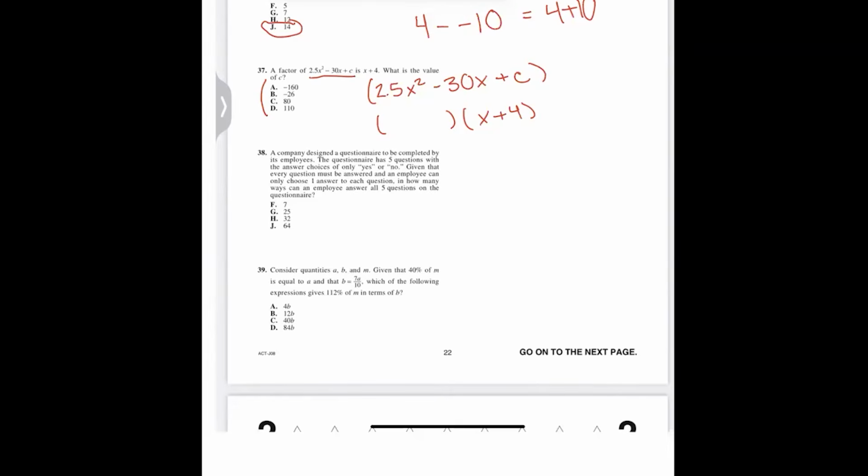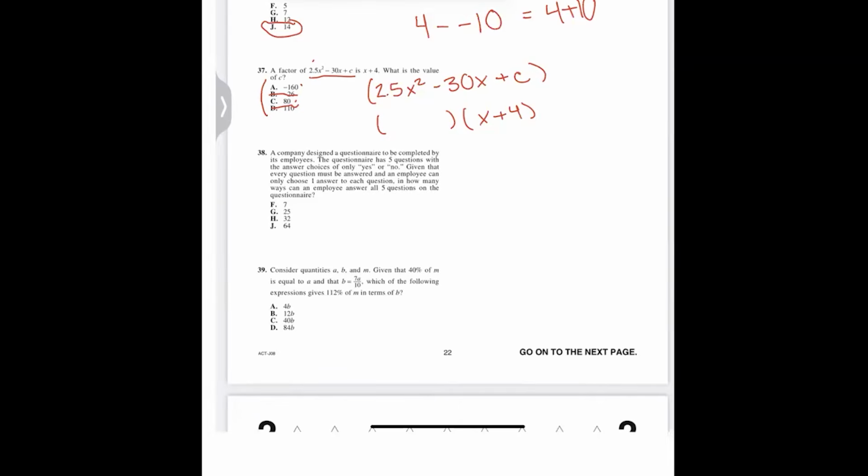On 37, if I was stuck, this is what I would do. I would go, like, negative 160 can be divisible by 4, so A is okay for now. Let's go 26. We know it cannot be divided by 4. That's going to be ugly, so that's not going to be a clean number. And yes, you could argue that there's a way, but that's kind of irrelevant at this point. This can be divisible by 4, and then 110 cannot. So now we've eliminated two options. So even if you're stuck, if you can eliminate it down, then it helps a good bit more.